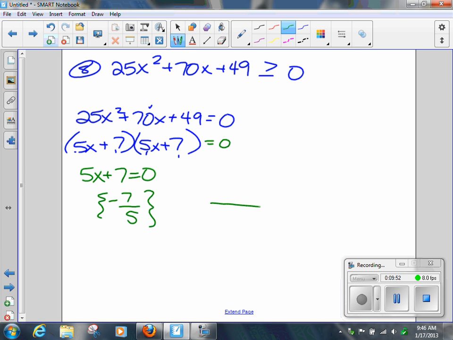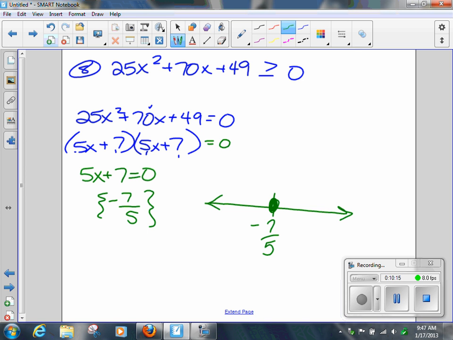There's a couple of different possibilities. This could either be shaded and go to one side or the other, or won't be shaded at all, or what's the other possibility? Could be the whole thing shaded. So let's test it and see. Is it going to be open or closed circle? Closed circle.